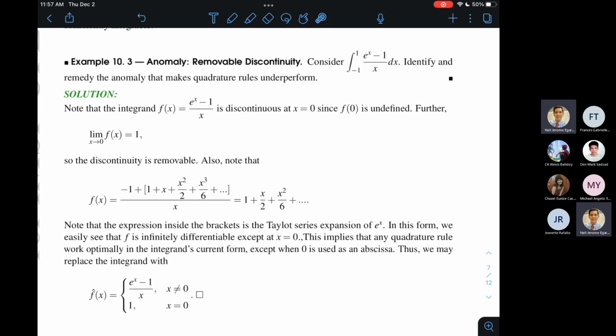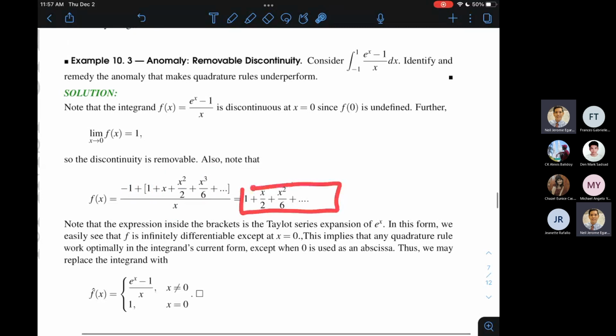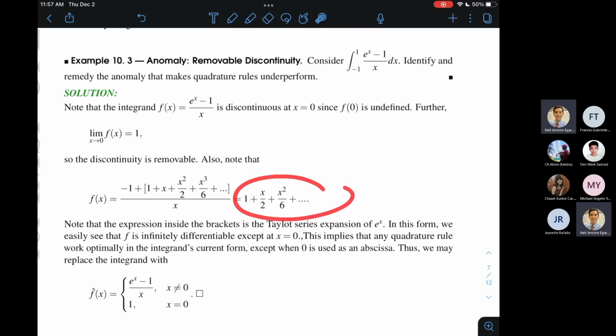So hopefully I'm back. I was saying that here I'm getting the Taylor series expansion or the Maclaurin series expansion of the integrand. So ito lang siya, right? If I simplify this, -1 plus 1 will be canceled. I'll be left with this, guys. Divided by x, I will get this one. And this is actually just an infinite series of polynomial terms.